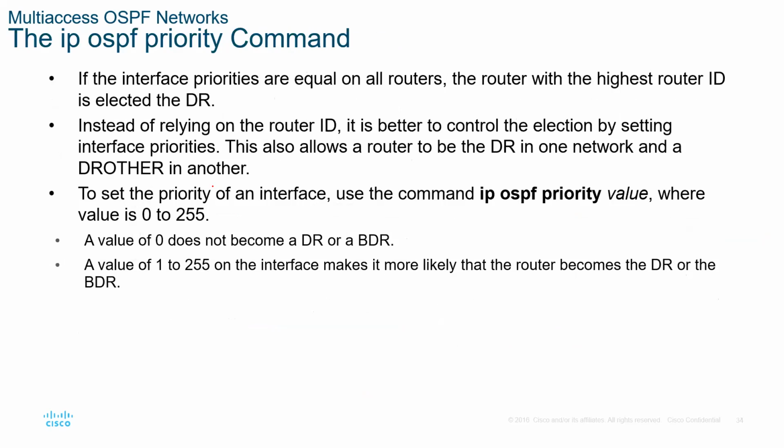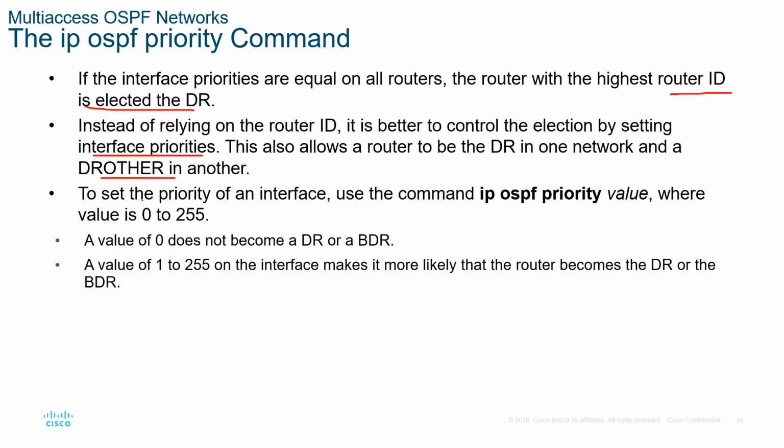If the interface priorities are equal on all routers, the router with the highest router ID is elected as the DR. So instead of relying on the router ID, it is better to control the election by setting interface priorities. This also allows a router to be the DR on one network and a BDR or a DROTHER in another network.